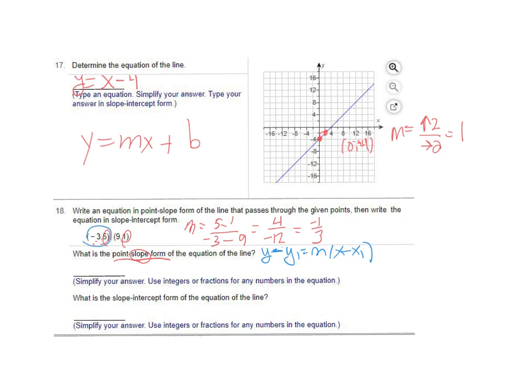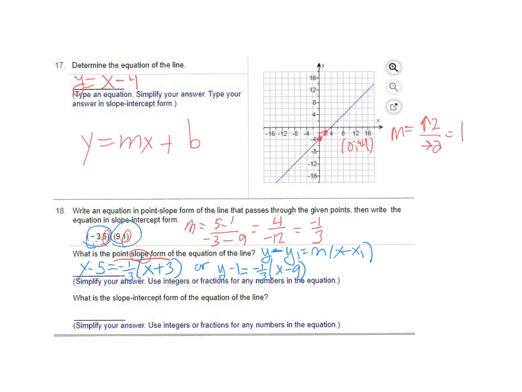If you use this first point, the equation would be y minus 5 equals -1/3 times x minus -3, which would be x plus 3. Or if you decided to use the other point, 9,1, you would have y minus 1 equals -1/3 times x minus 9. Either of those are good answers.